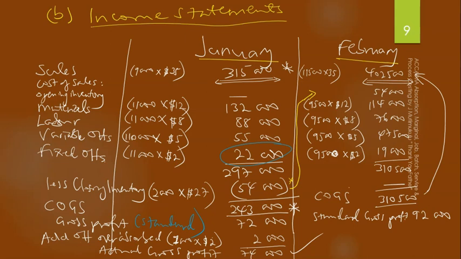However, this time we incurred 19,000. So there was an under absorption of overhead, which means we have to deduct more from our profit.